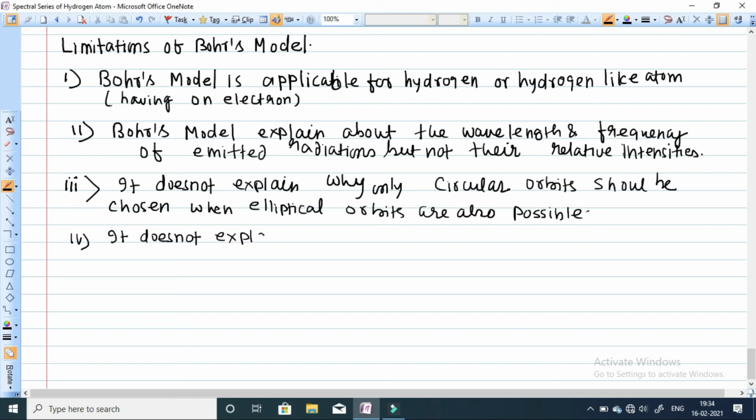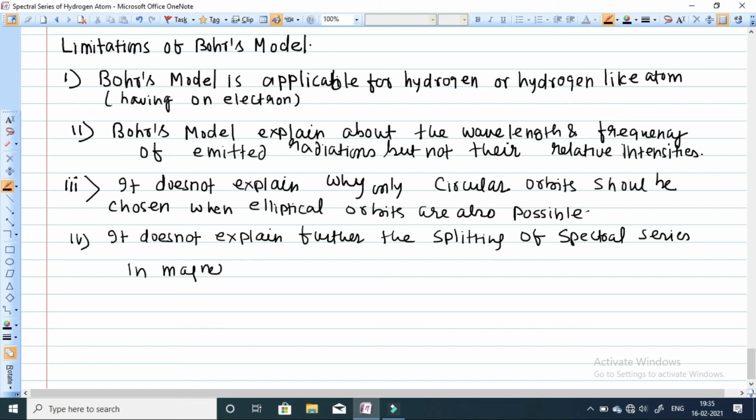Splitting of a spectral series in a magnetic field is known as the Zeeman effect, and in an electric field it is known as the Stark effect.